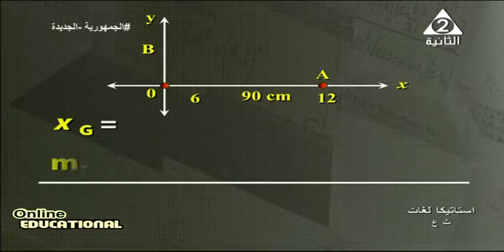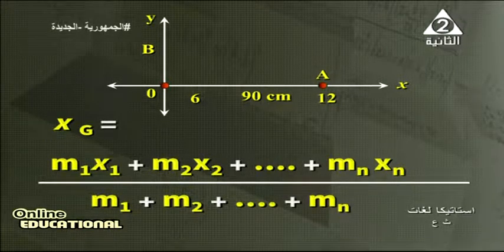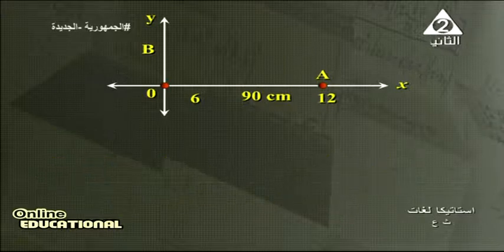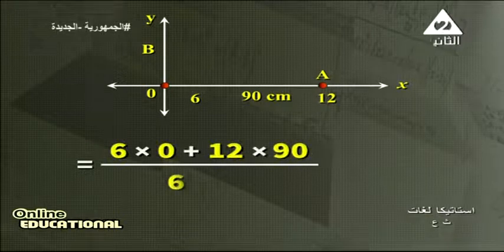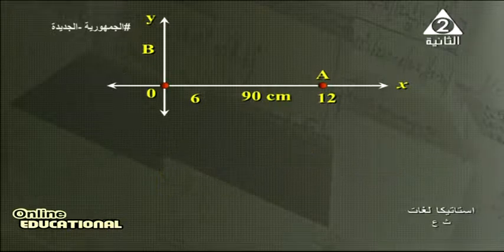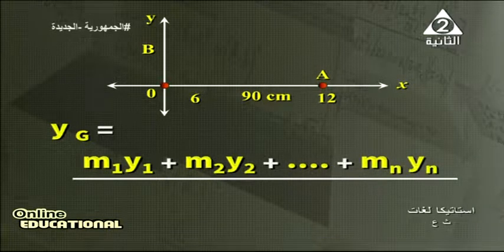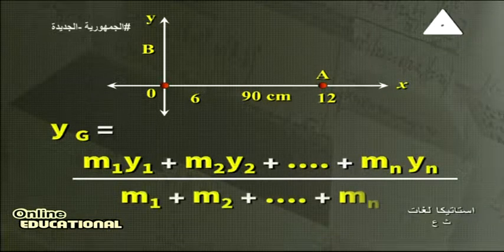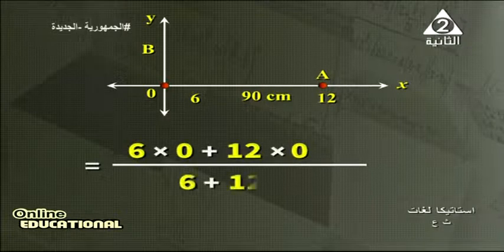Therefore, we know that xg equals m1 x1 plus m2 x2 plus mn xn over summation of all mass m1 plus m2 plus mn. Therefore, by the same rule, 6 times 0 plus 12 times 9 over 6 plus 12 equals 6 centimeter. Also, yg equals m1 y1 plus m2 y2 plus mn yn over summation of mass. Therefore, yg equals 0.